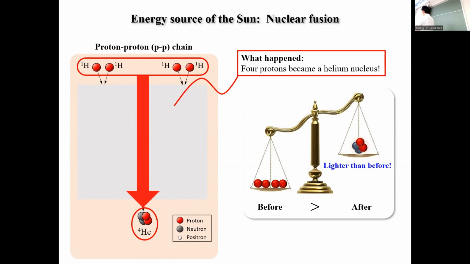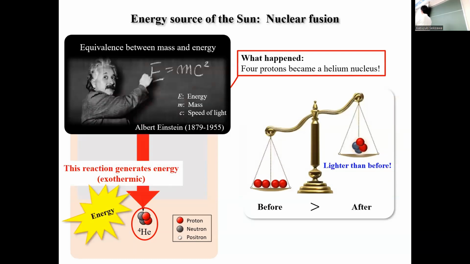Before the reaction, it is heavier than after the reaction. This is due to the binding of neutrons and protons. According to the equivalence between energy and mass, we have energy corresponding to this binding energy, or loss of nuclear mass. And this reaction occurs through quantum tunneling.